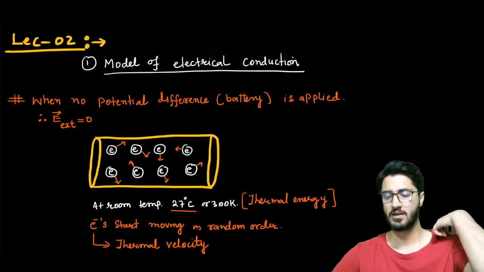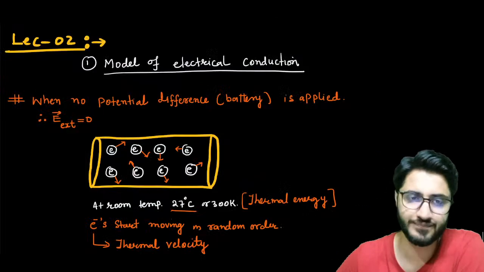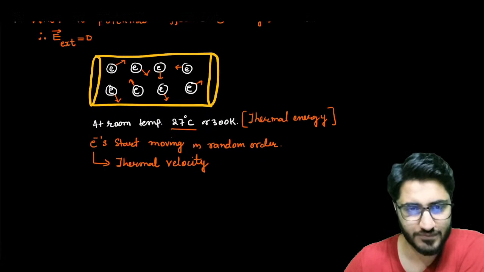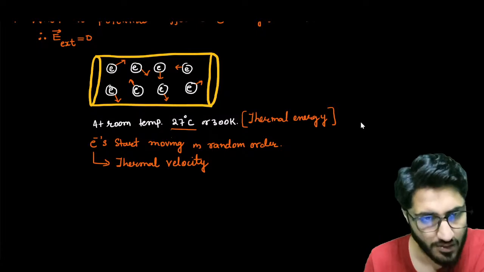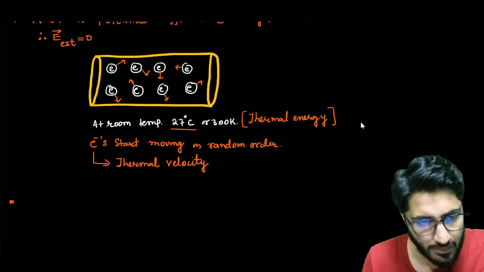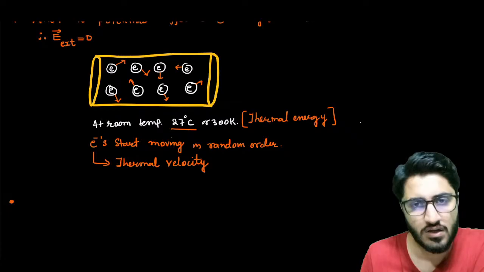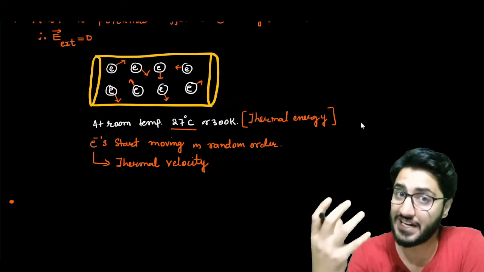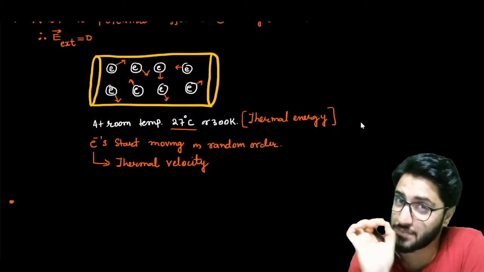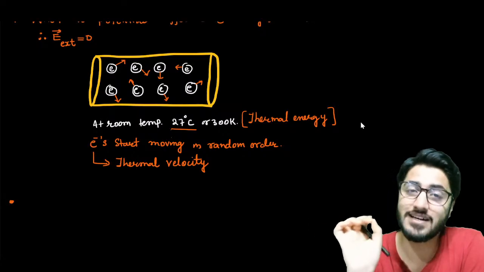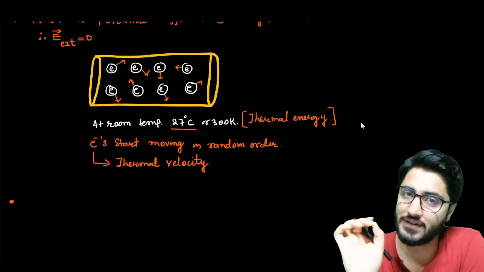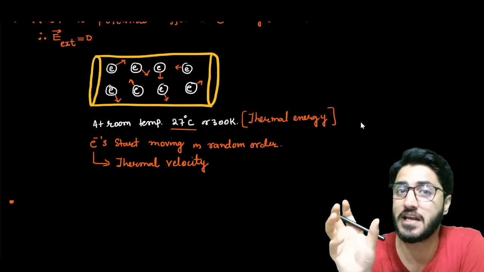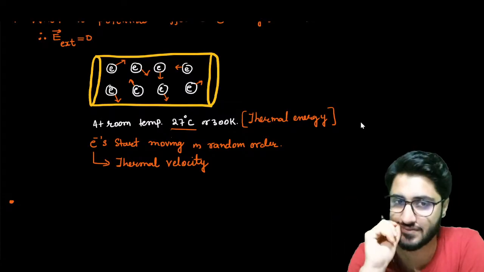Now look here, beta. If we are giving thermal energy, due to this thermal energy my particles start moving. The velocity that the particle gets has a separate name, known as VRMS.